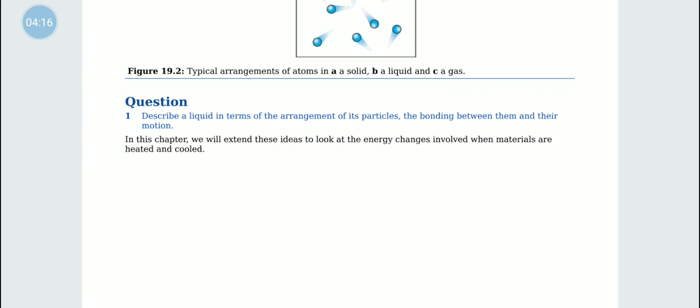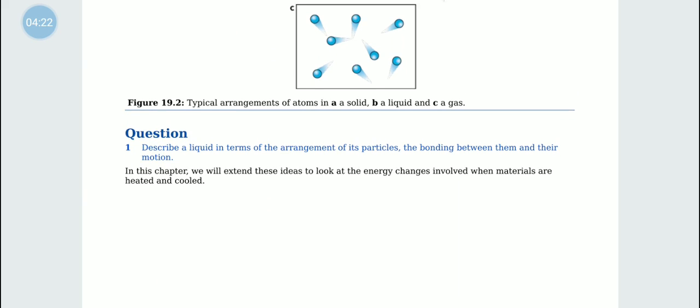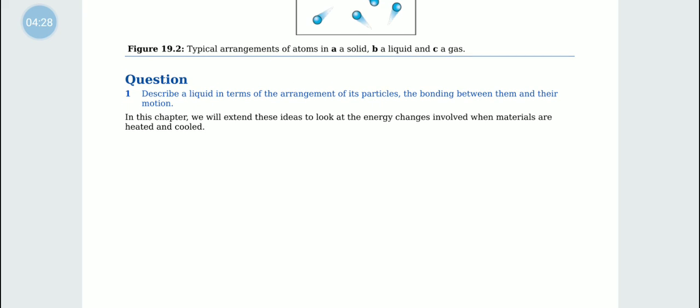Describe a liquid in terms of the arrangement of its particles, the bonding between them, and their motion. This is a question that you should try, and you should find the answer for this. Take a moment, pause the video and answer the question.